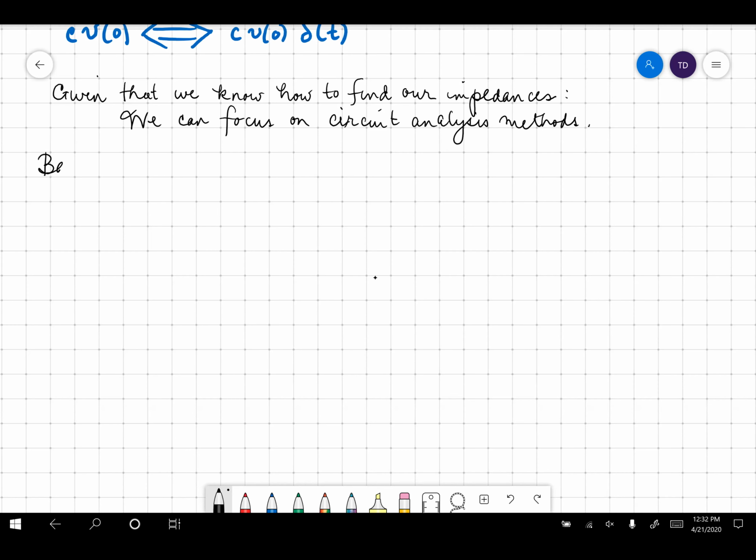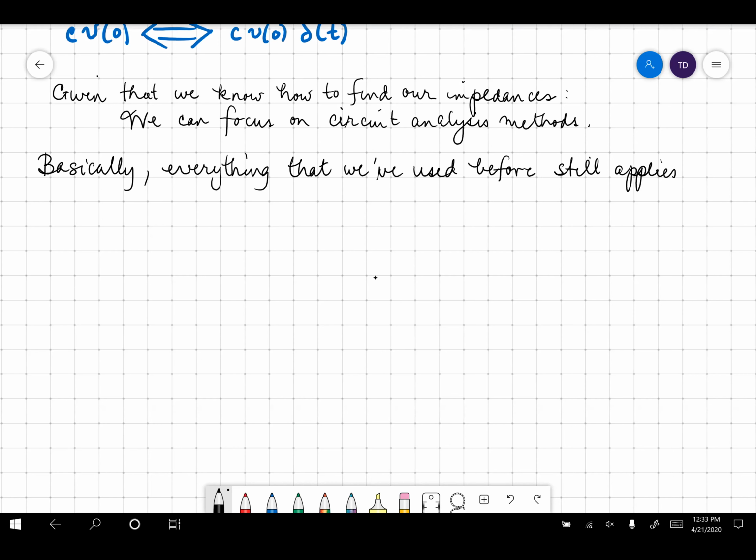So basically, everything that we've used before still applies in the Laplace world.